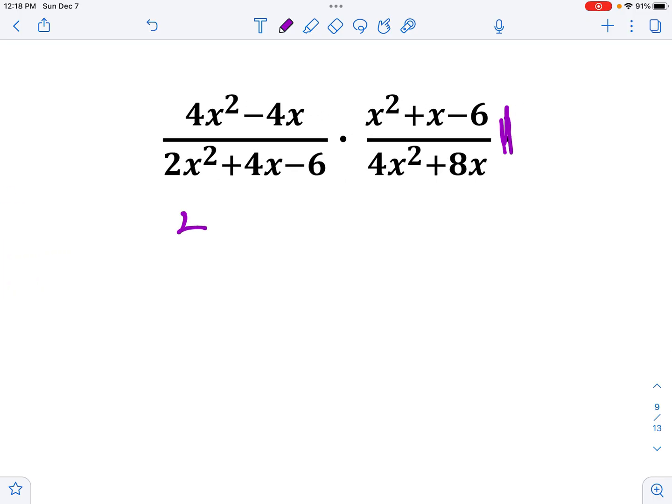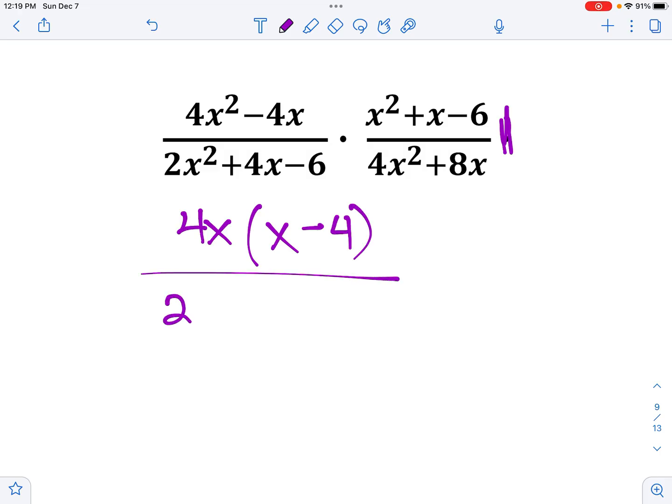4 comes out of here. Looks like a 4x comes out of there, so I end up with an x minus 4. I want to take a 2 out of this. We'll factor that a little later.